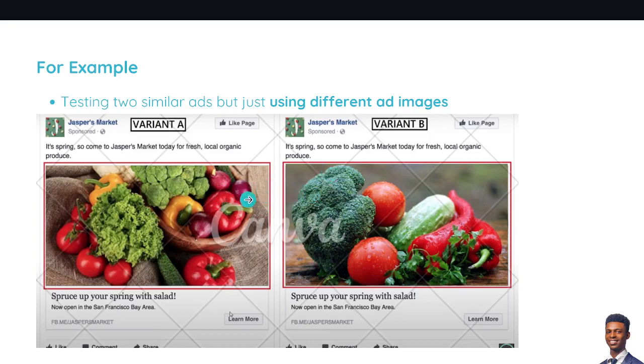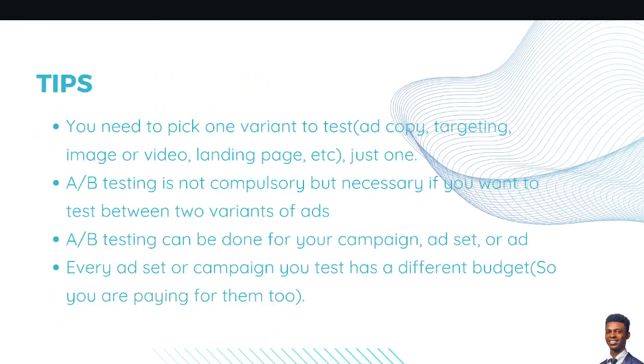So you can test for different ad copies, you can test for different targeting, but don't test two different things at the same time. Don't test different ad copies and different images in the same ad, because that way you will not know which one is making the ad perform better or which one is making the ad perform worse. So test one thing at a time.